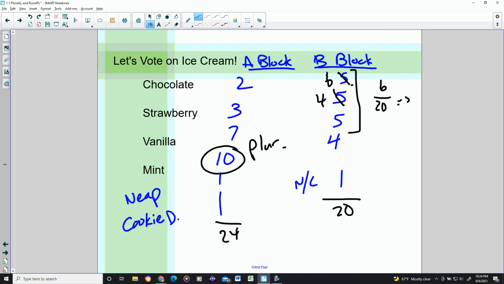It's only 30%. So let's say you're planning an ice cream social, and you want to go with whatever is voted the most as the ice cream to bring to the social. So chocolate wins the vote, but guess what? Only 30% of the people actually like chocolate ice cream.